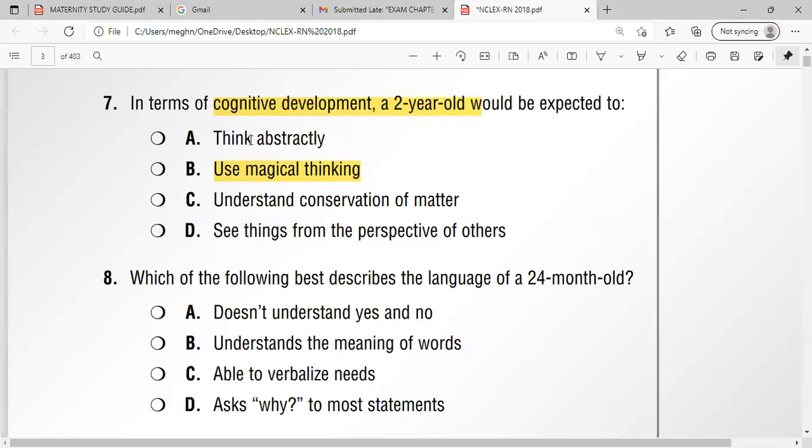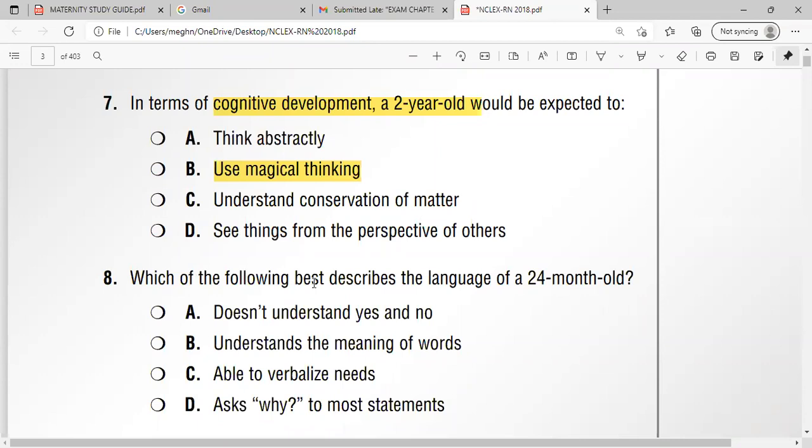Abstract thinking, conservation of matter, and the ability to look at things from the perspective of others are not skills for small children like 2-year-olds. What do we learn from here? We learn that 2-year-old children are magical thinkers. They like to think magically.